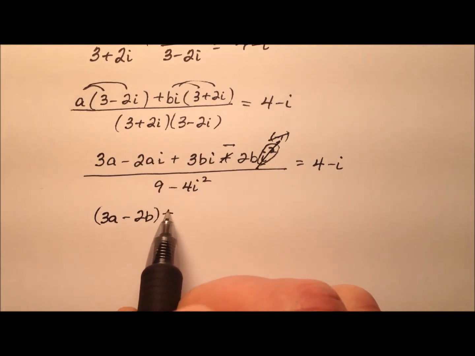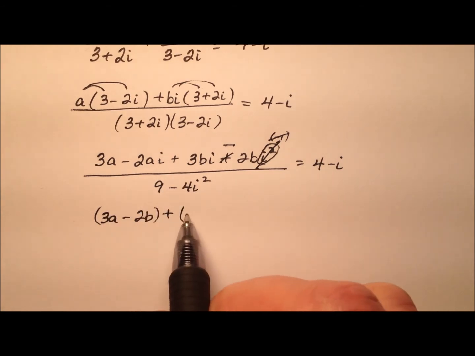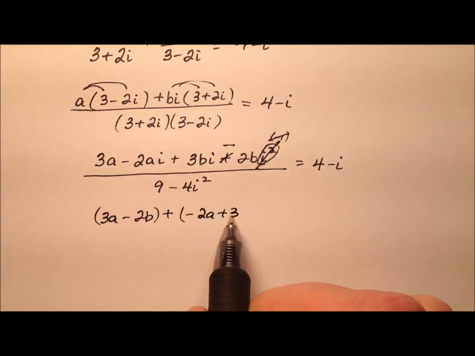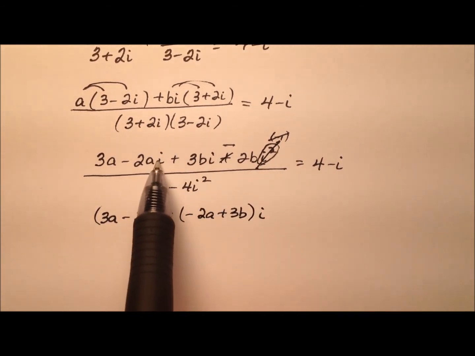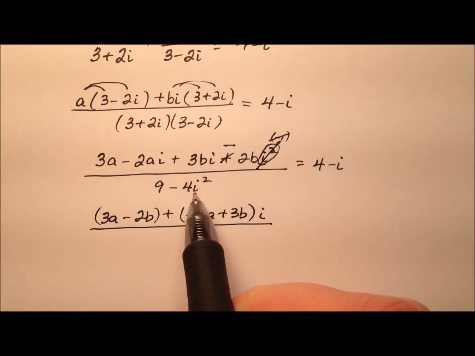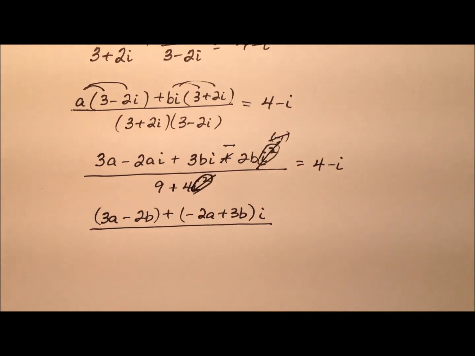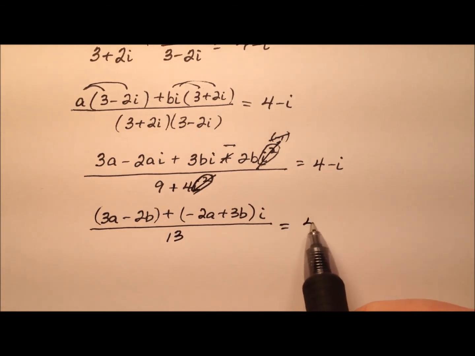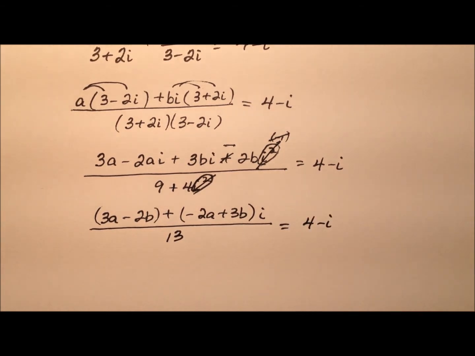So I'm going to say plus negative 2a plus 3b, and the i comes along for the ride. And the denominator here, this i squared is a negative 1, which will make this minus go to a plus. So 9 plus 4 is 13, and that equals 4 minus i.